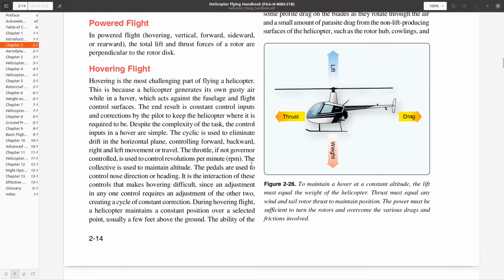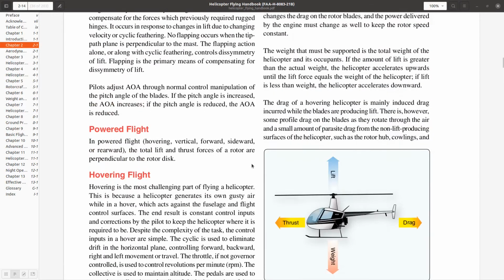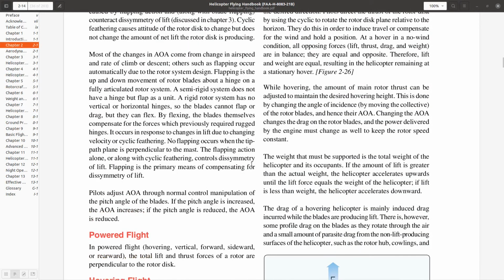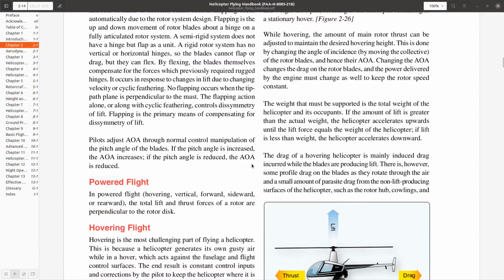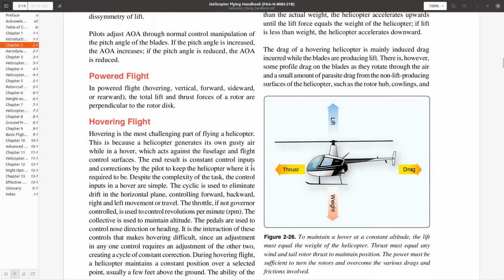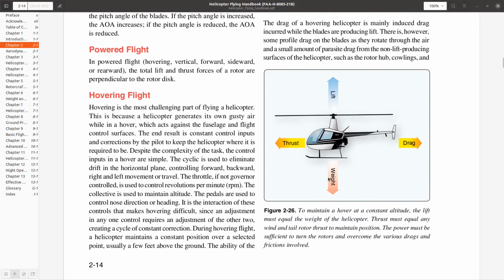So hovering flight, how does that work? Well, very carefully. As someone very correctly said, in a helicopter, everything depends on everything. So if you look at a helicopter in a hover, you've got equilibrium, right?